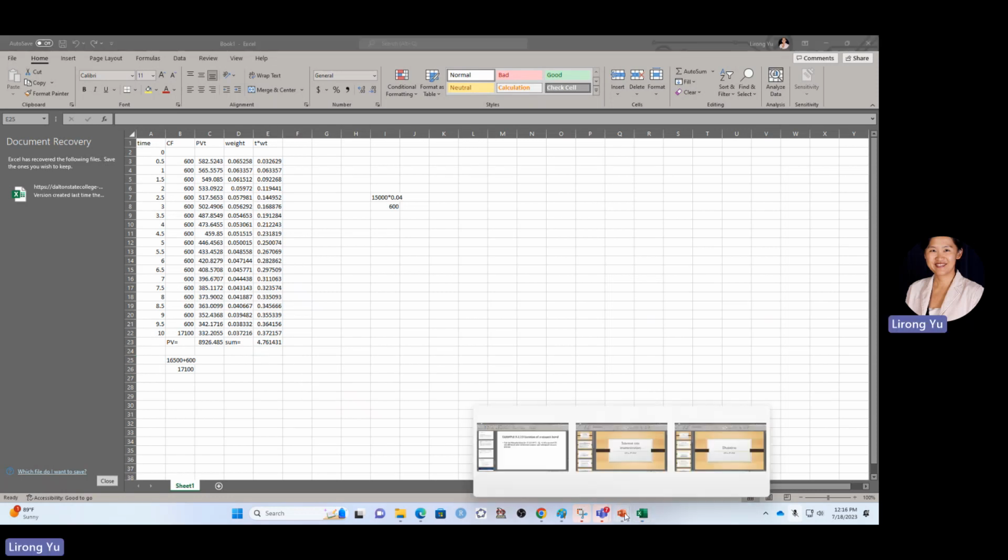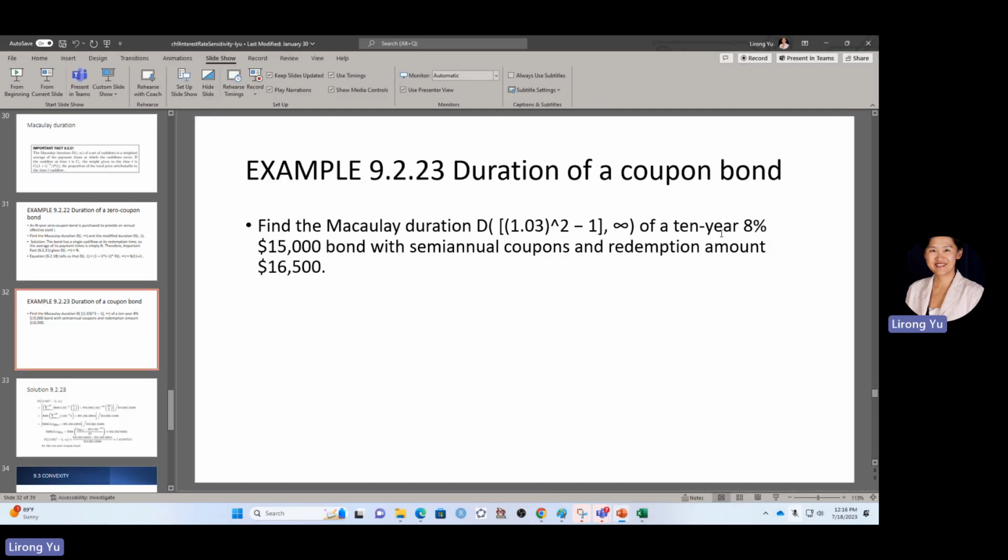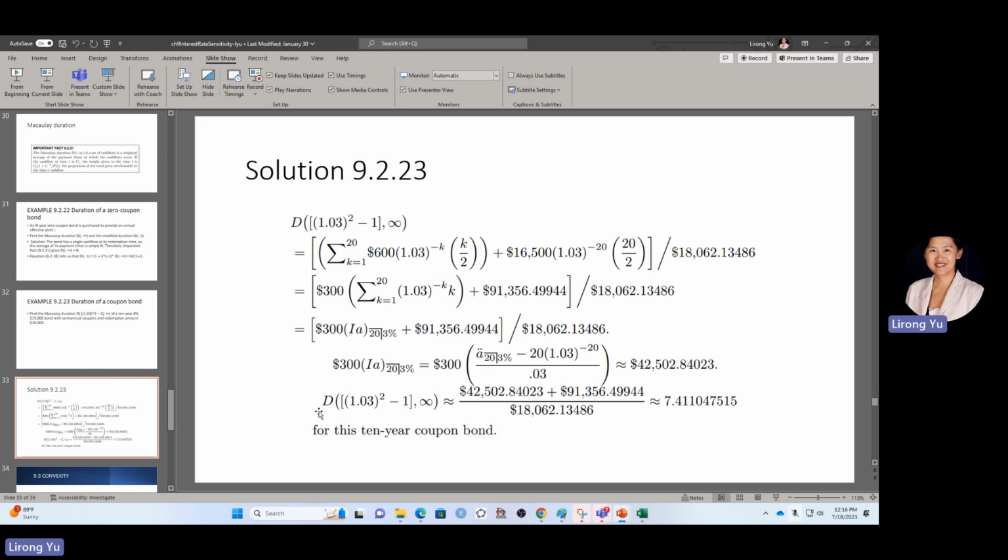Well, what was the duration here? It was a 10-year bond. That's not right. Total present value is 7.4.